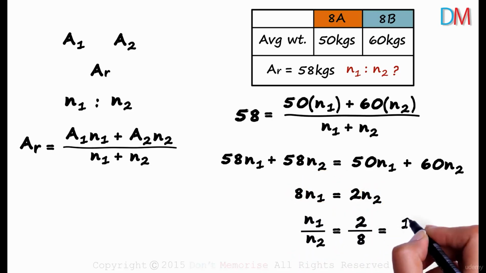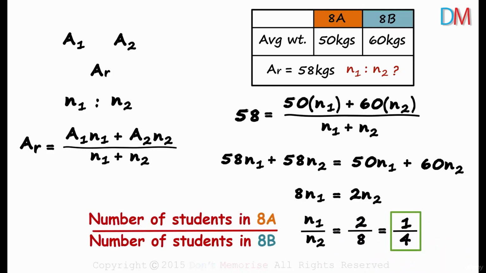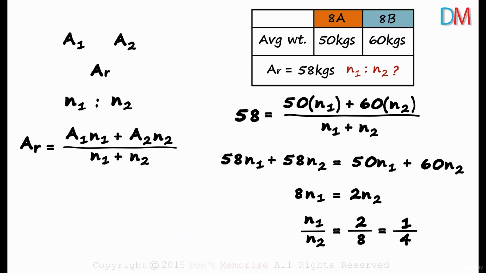And that will equal 1 over 4. That's the ratio of the number of students in Class 8A to the number of students in Class 8B. If there's 1 student in 8A, there will be 4 in 8B. If there are 10 students in 8A, there will be 40 in 8B, and so on and so forth.